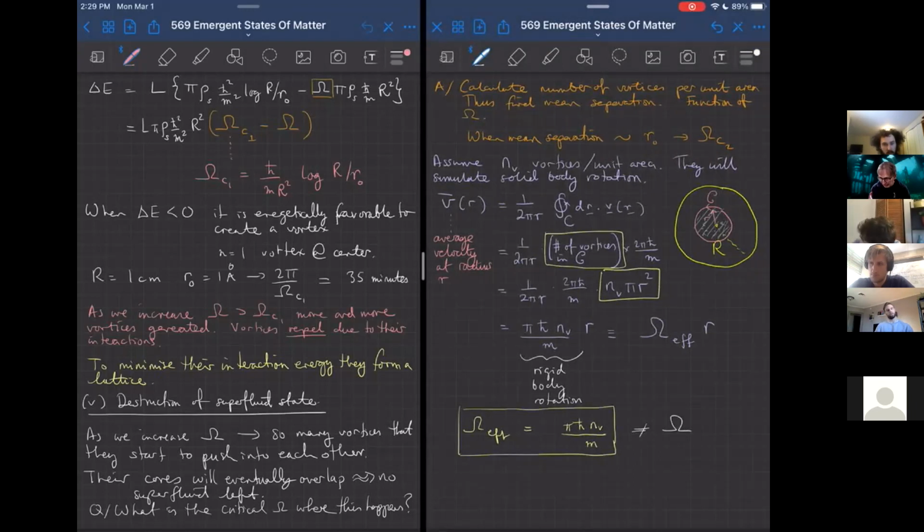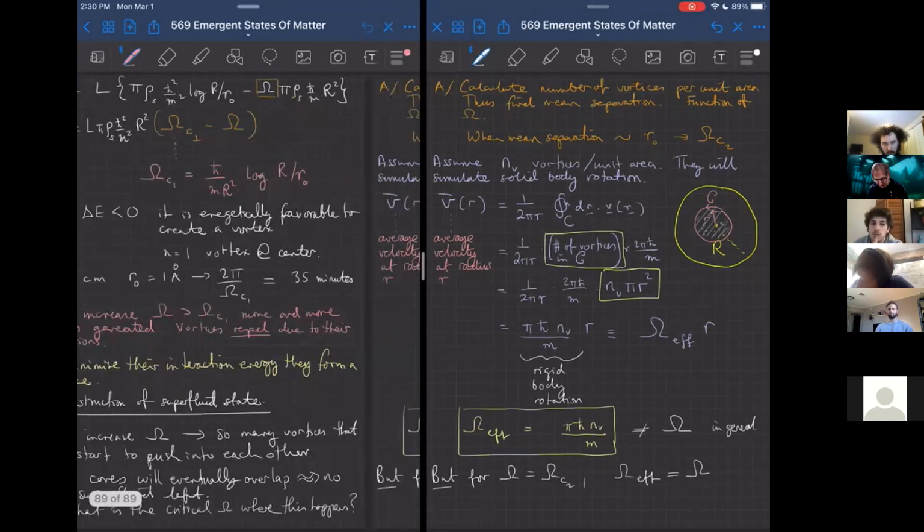It's just the effective omega for a bunch of vortices, but it is equal to the effective omega when all the vortices essentially have gone, the cores are overlapping, and all I've got left is normal fluid. So this is not true in general, but for omega equals the critical omega, omega c, then omega effective does equal the actual omega, because then we've just got essentially normal fluid.